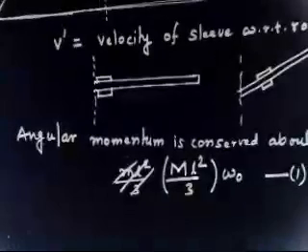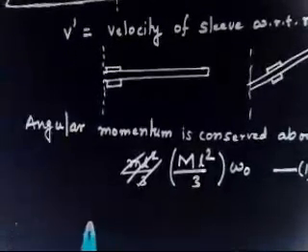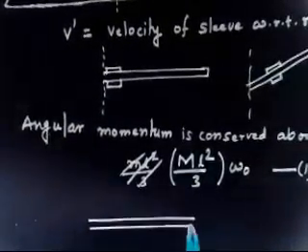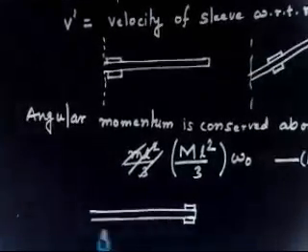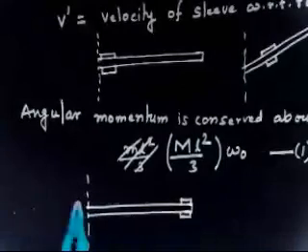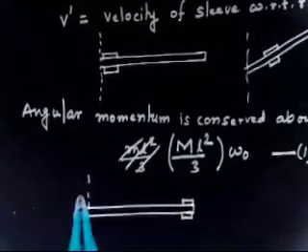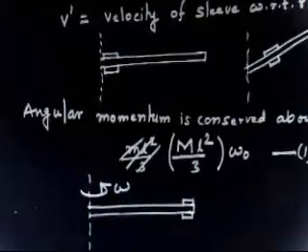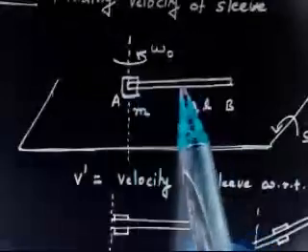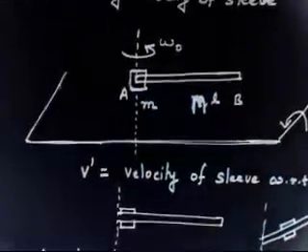What will be the final angular momentum? So let us say when this sleeve reaches here, the rod is rotating with angular velocity omega. This means when this sleeve is going this side, the angular velocity of the rod keeps decreasing.